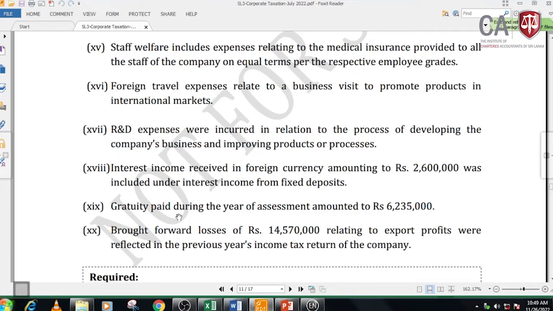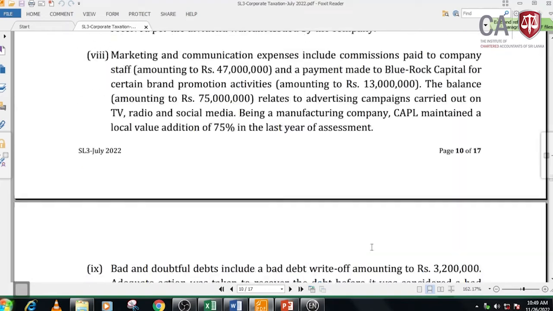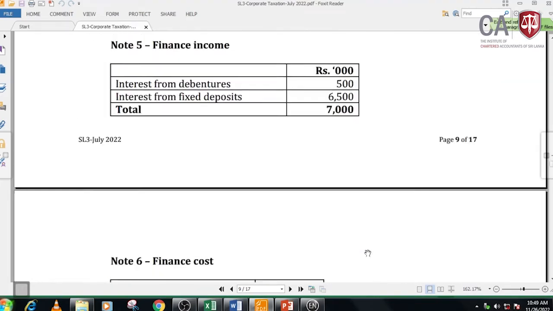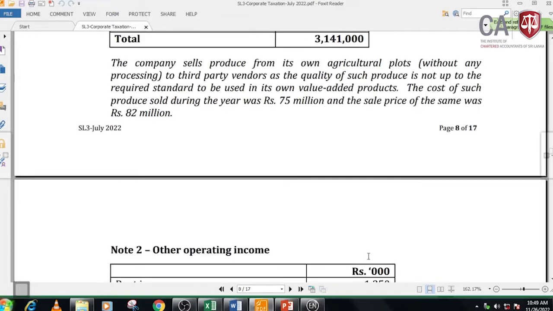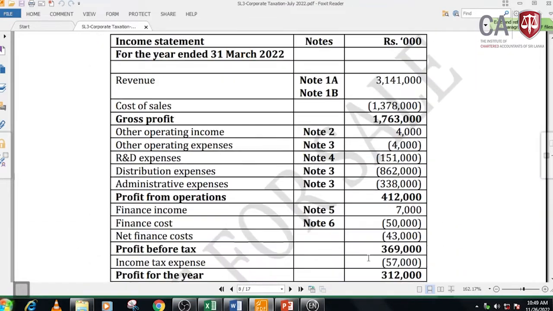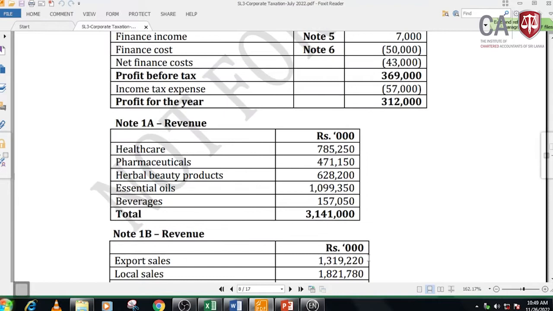From the business income attributable to the export income, you have to remove this loss and take the tax rate. All the adjustments considered, but now I need to come to the income statement and the particular notes to take the balance. This one we have done.